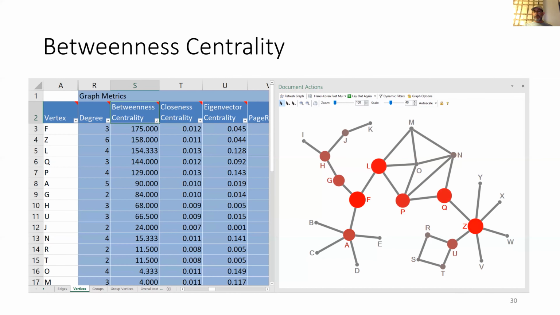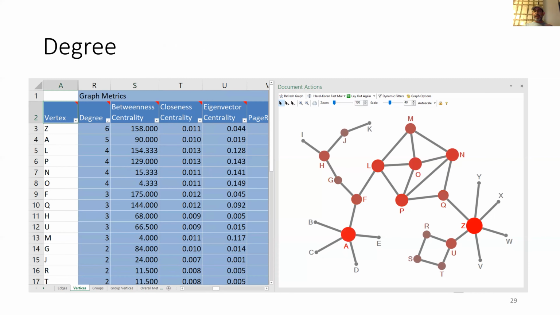But here, this is betweenness centrality, a different measure in network theory. It's how much you are in the bridge position, the person who is the keystone, the broker, the connector. If we go back, you'll see that O is a very large node. O has 4 connections. That's degree.